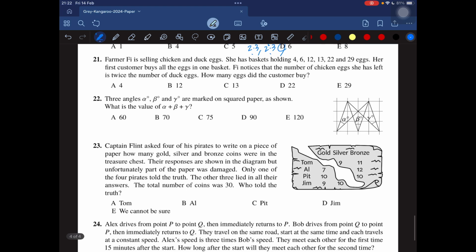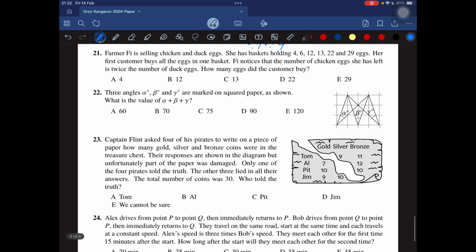Number 21, a farmer selling chicken and duck eggs. So the chicken and duck egg boxes hold 10, 25, 40, 51, 35. So altogether 86.